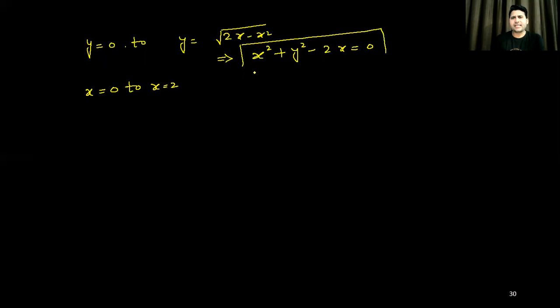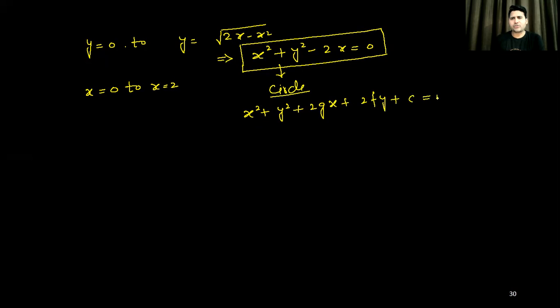So this is the region, students, which will be formulated in the xy plane. If you see, this is what? An equation of a circle. Standard equation is x square plus y square plus 2gx plus 2fy plus c equals 0.